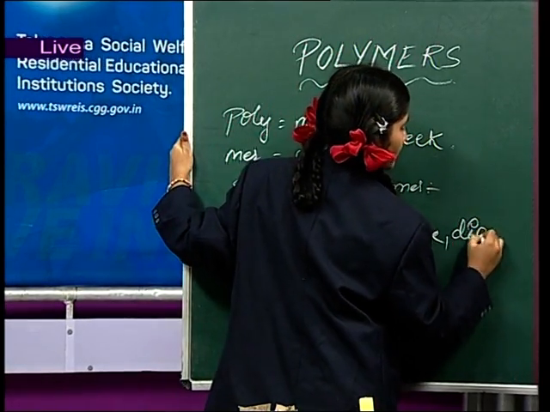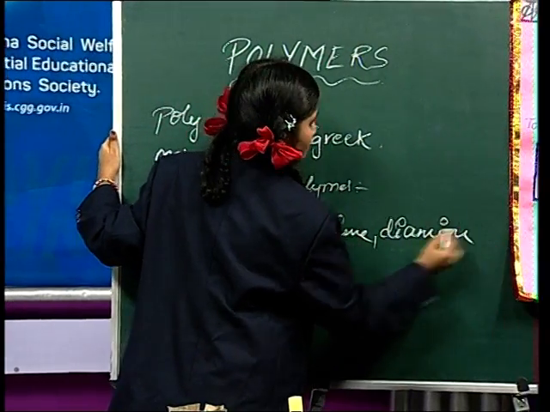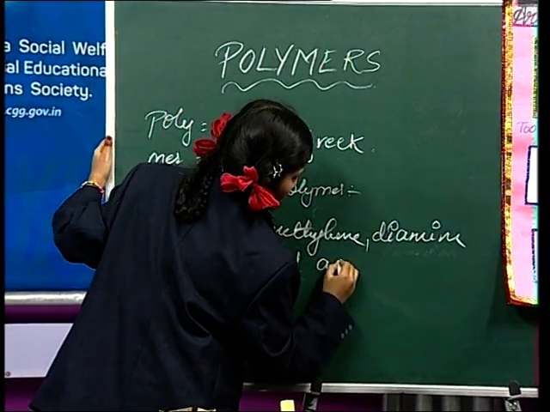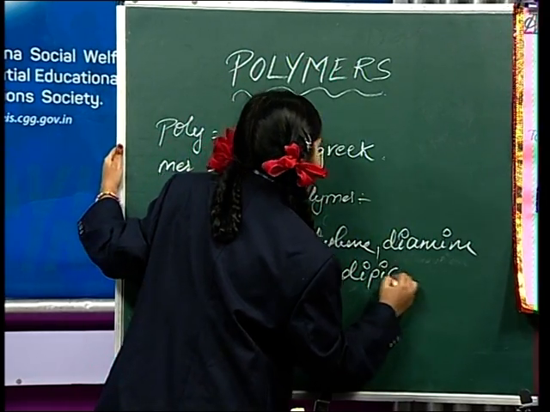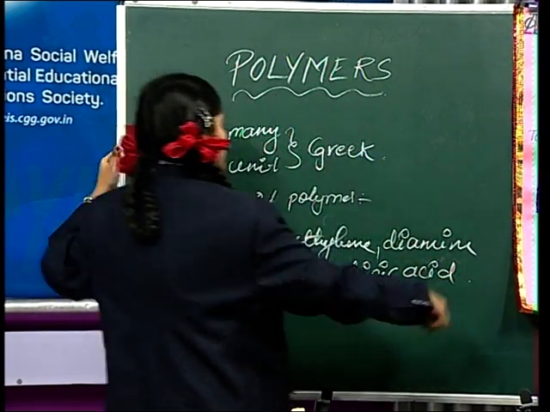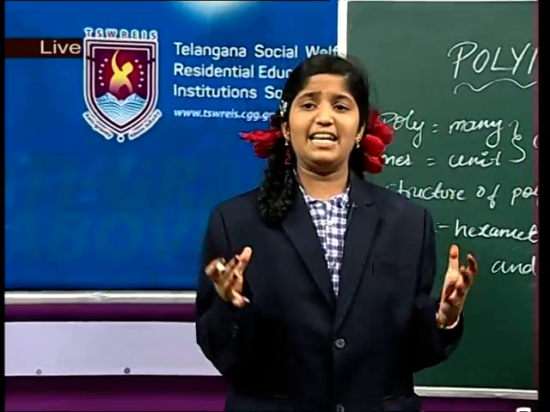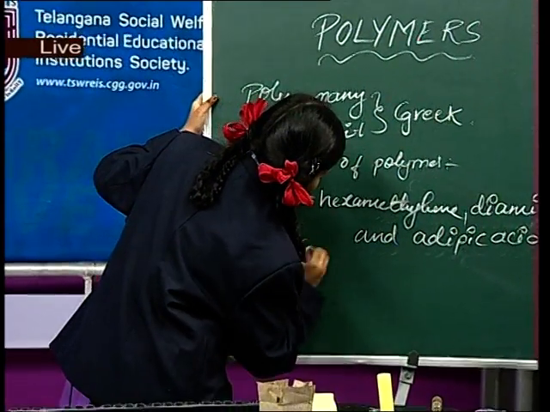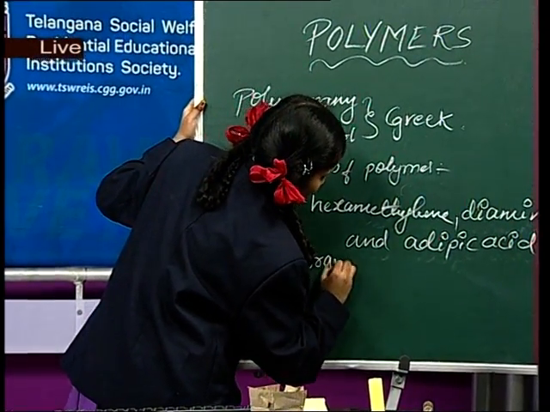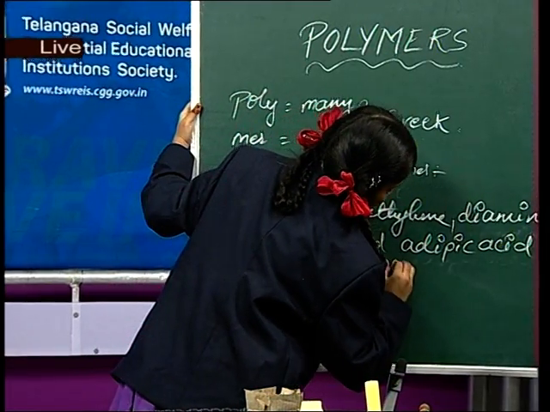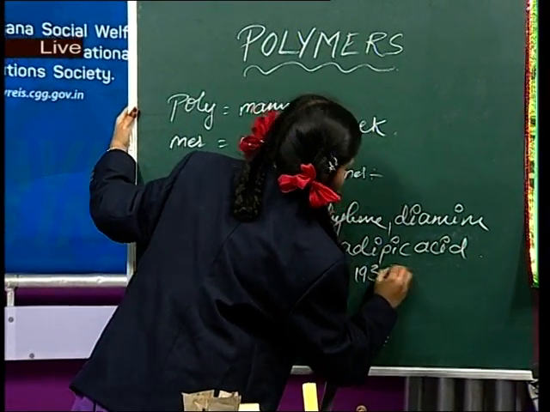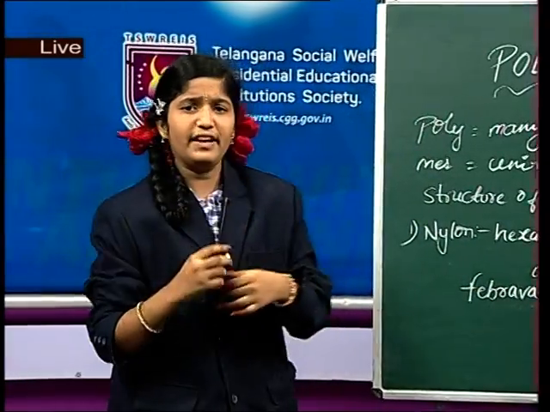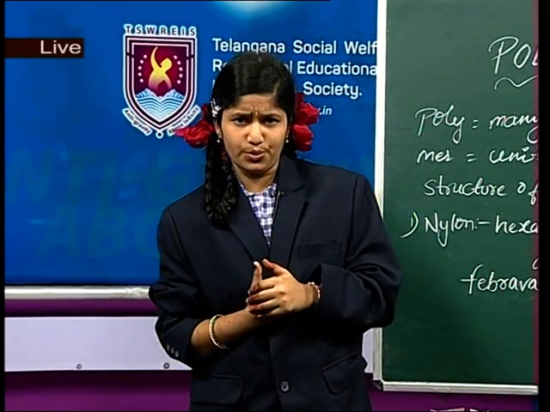The first nylon was made on February 28, 1935.